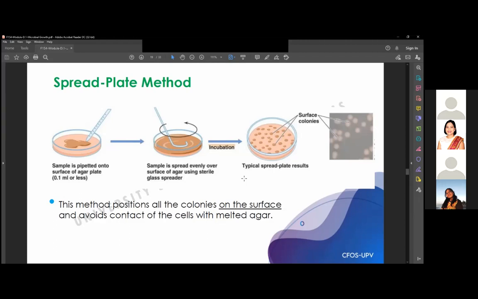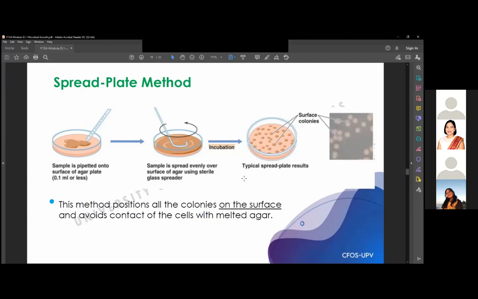How about for the spread plate? You use 0.1 ml of the inoculum. Again, the growth is on the surface. The area for growth of microorganism or bacteria is lesser as compared with the pour plate method.